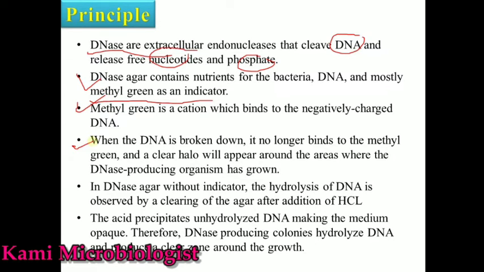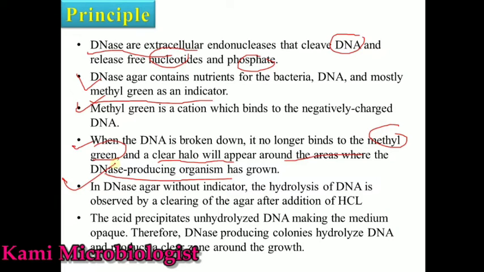How can we identify the bacteria that create the DNase enzyme? When the DNA is broken down, it no longer binds the methyl green. After that we get a clear halo zone around where we streaked our bacteria, showing the production or release of the DNase enzyme.